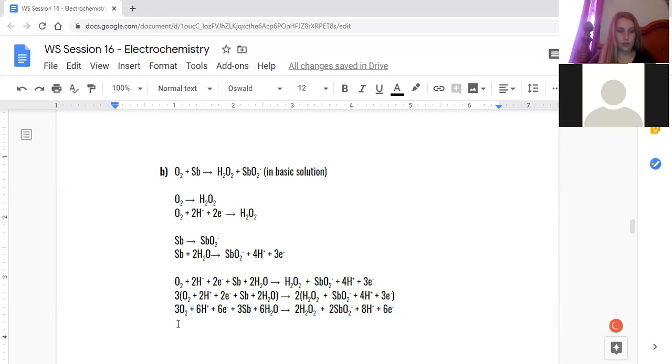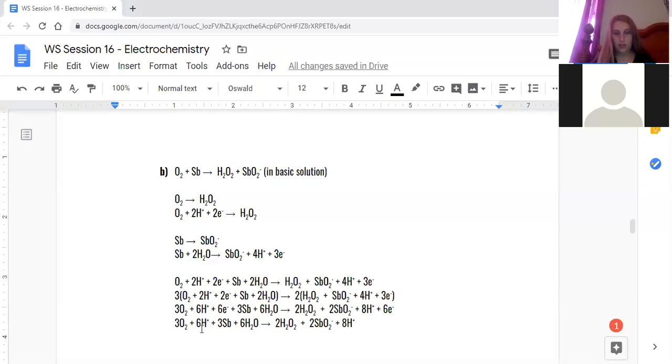Now to look at what cancels out again. We have our electrons, which was what we were trying to cancel out. So those will cancel out. We have 6 on both sides. And then, oh look, we have hydrogens on both sides.